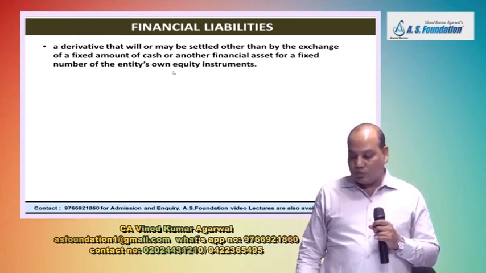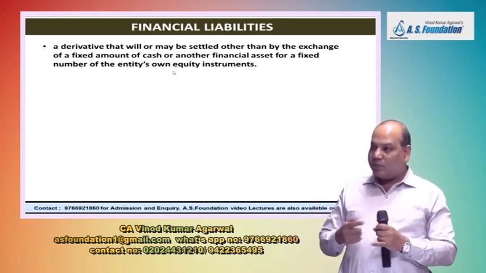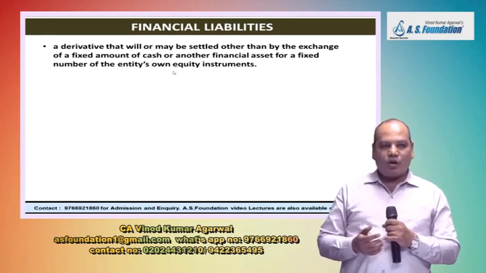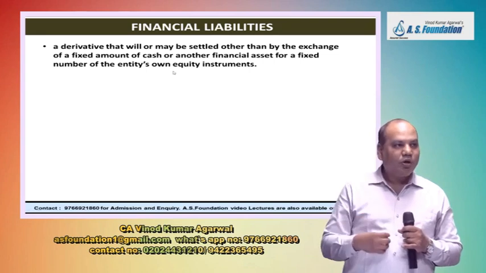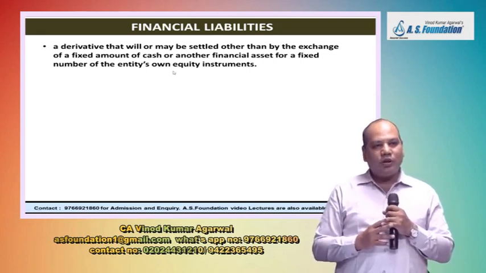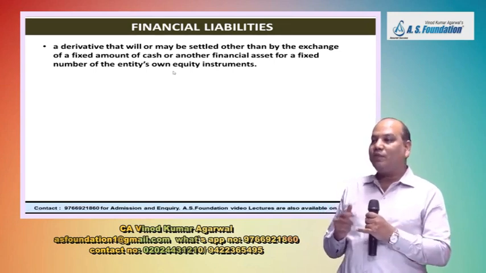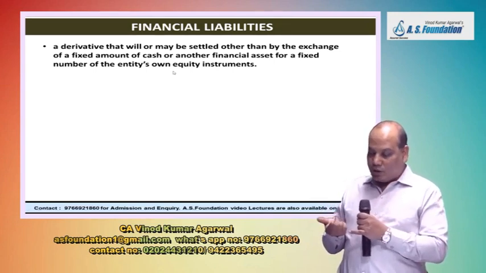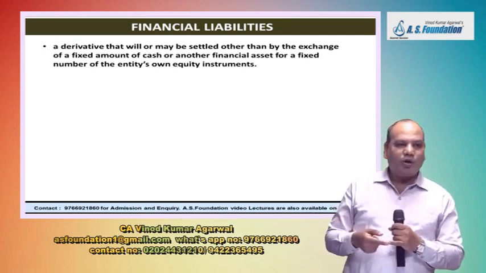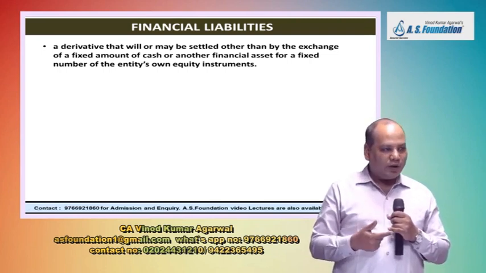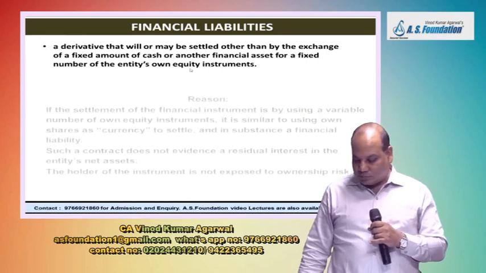Now here we are going to settle by paying a variable amount of cash or a variable amount of another financial asset for a fixed number of the entity's own equity instruments. So here the amount to be paid is variable against a fixed number of equity shares. In the previous example, the number of equity shares to be issued was variable. Here the amount of cash to be paid is variable.